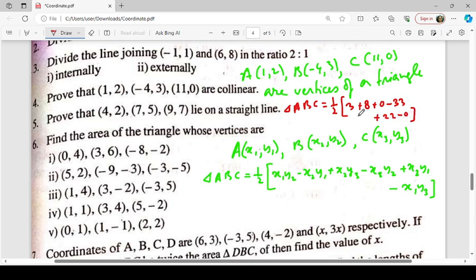So we are having this value as 0. Answer is 0. Means what? Area of the triangle is 0, means we cannot have a triangle, means they are collinear.